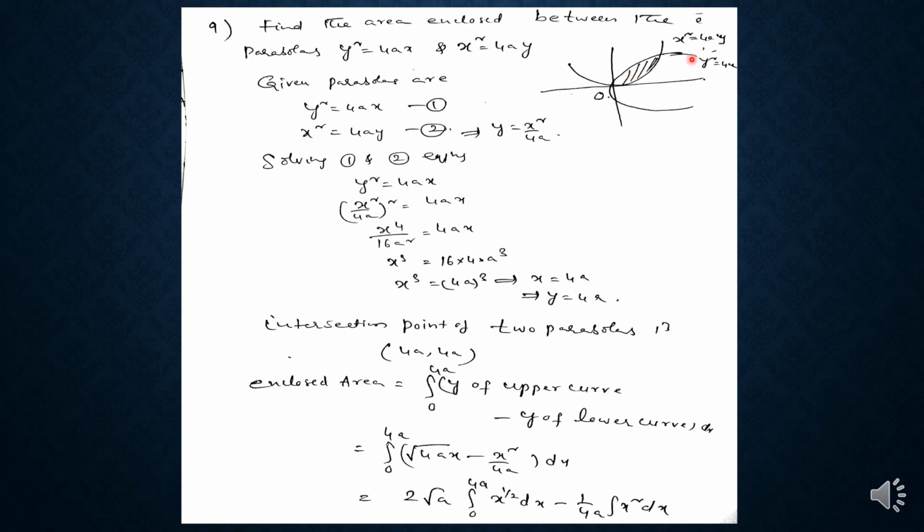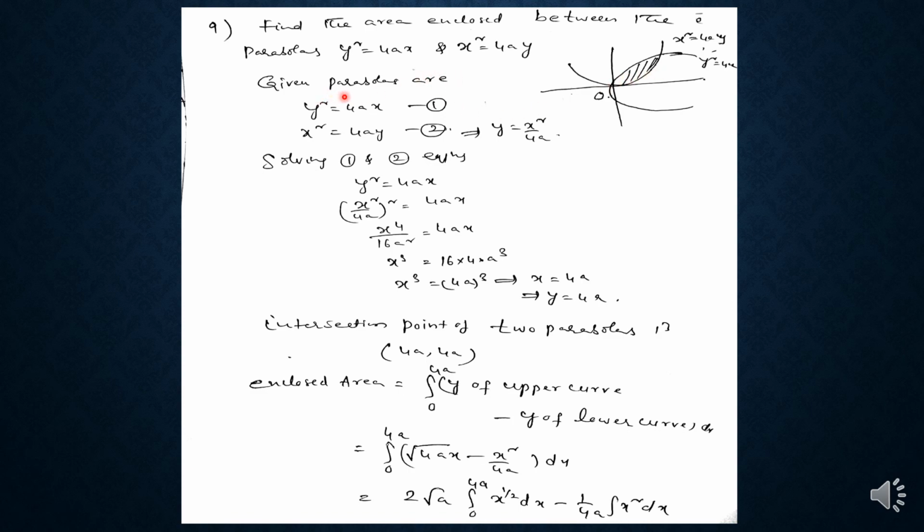Here the upper curve is y square is equal to 4ax, and the lower curve is x square is equal to 4ay. The area bounded by the curve y square is equal to 4ax minus the area bounded by x square is equal to 4ay. Then we will get the area enclosed between the two parabolas.